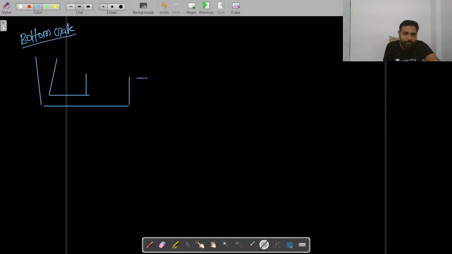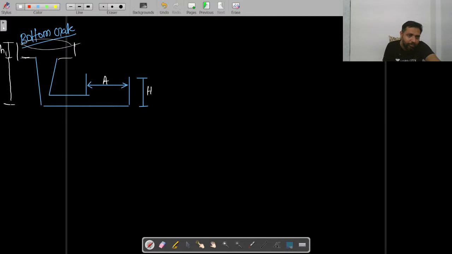Okay, and the casting has some height, let us say capital H, and some cross-sectional area, capital A. This is like the pouring basin and everything here. Okay, and you know this is h1, the pouring basin height, and this is h2, your sprue height, and h1 plus h2 you write as the total height ht of the molten metal.